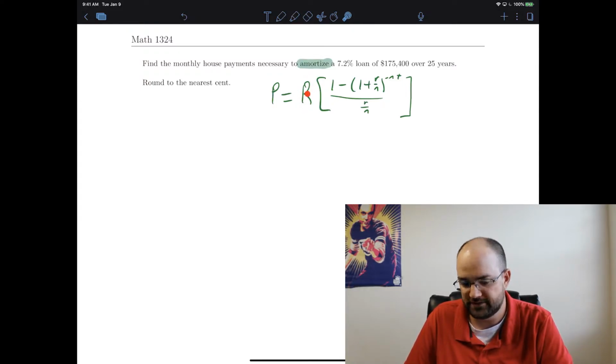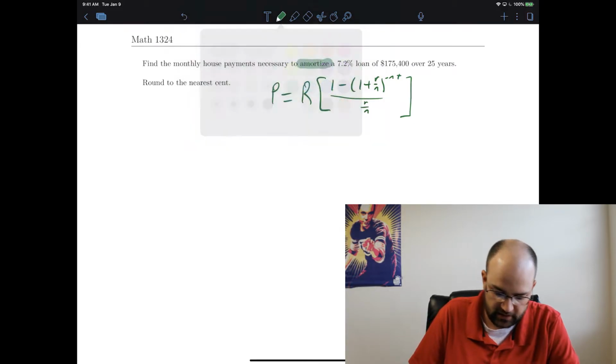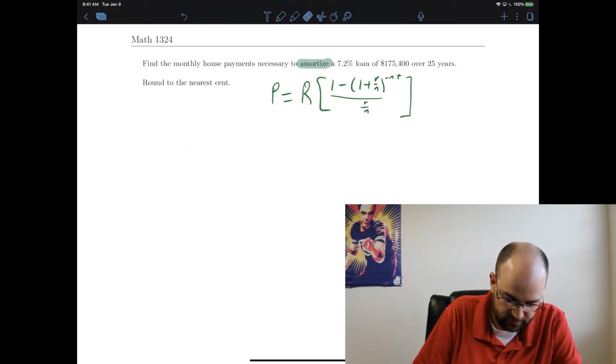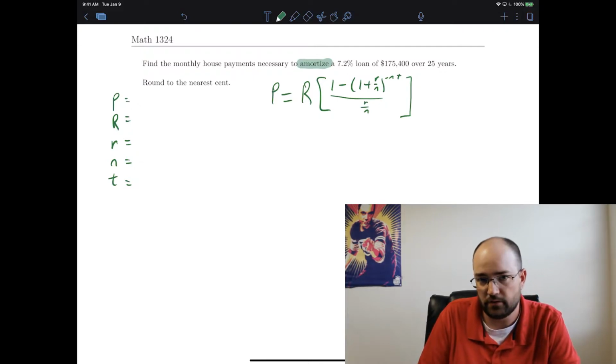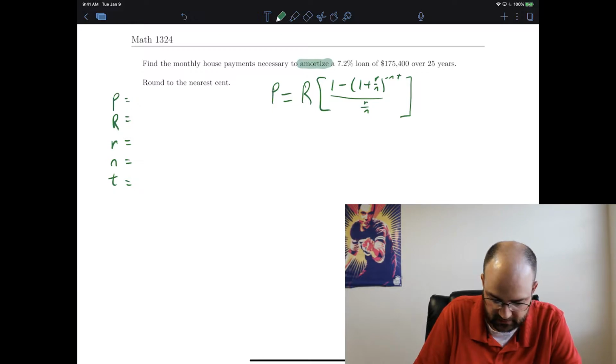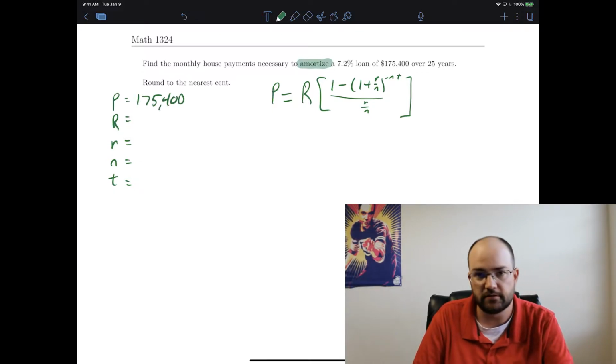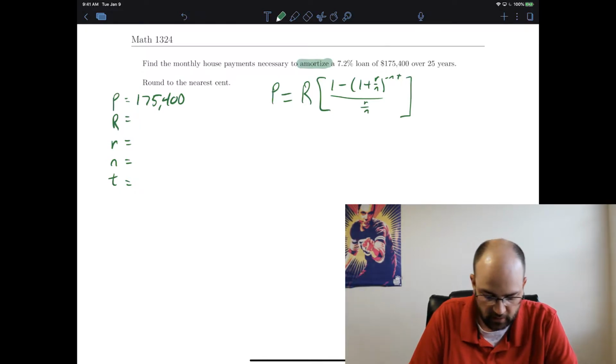So I need to get the R by itself. And again, we have P, capital R, little r, and n, and T. Capital P, we know, and that's the loan amount. So it's the present value. It's how much you are given today, which is the loan amount. Capital R, we don't know.